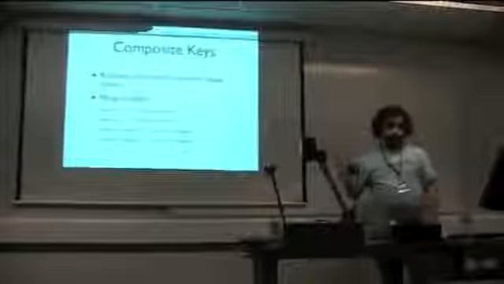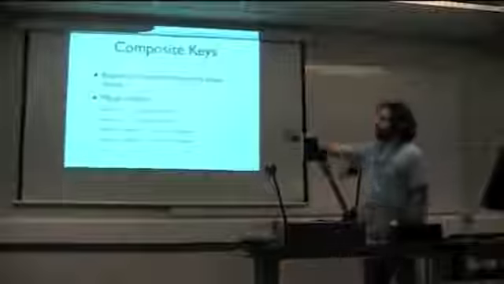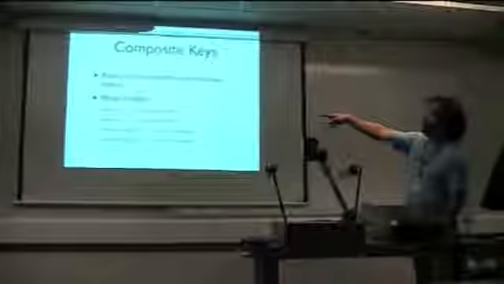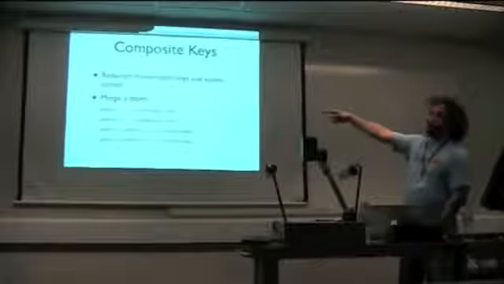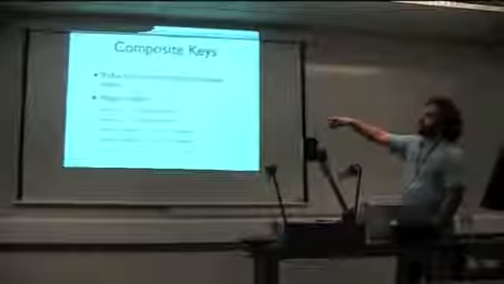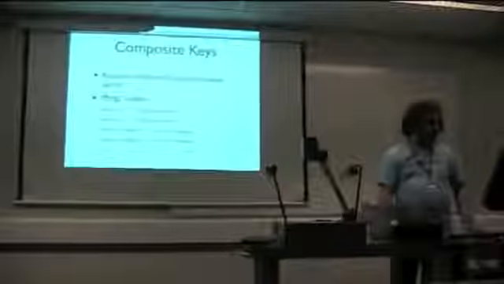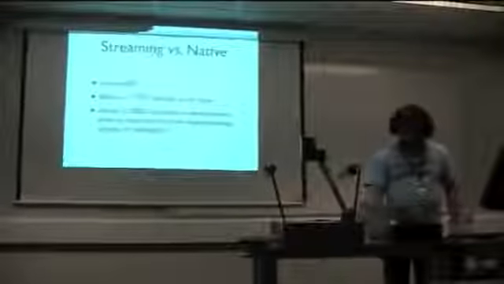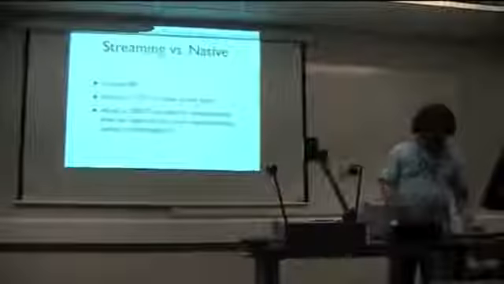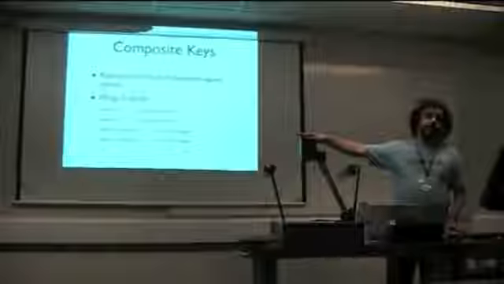So for instance, if you wanted to merge 3 tables, the user ID there is the key, and then you just have a merge field. If you set it to 0, then you know that's going to be the first one you'll see for that user ID. If you set it to 1, that's going to be the second one you see for that user ID, and so on and so forth. And when the user ID changes, you know you have a new user, and you'll never see that user ID again.